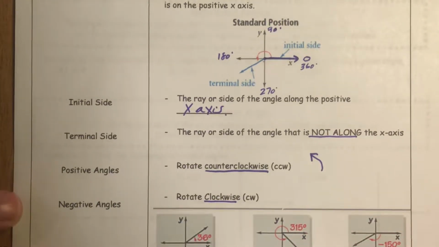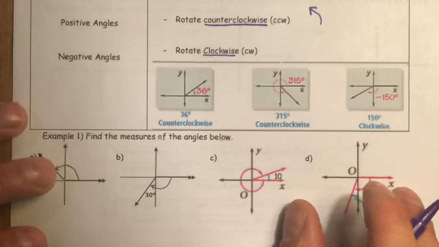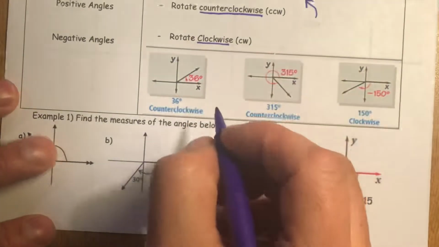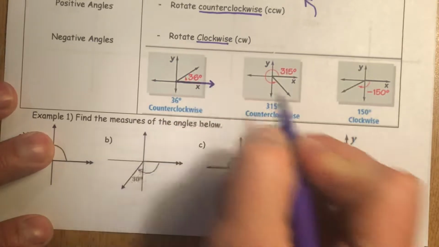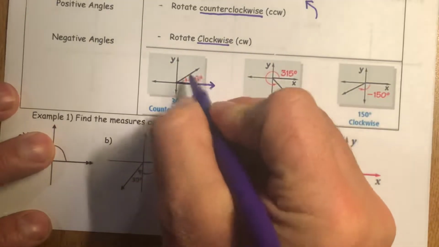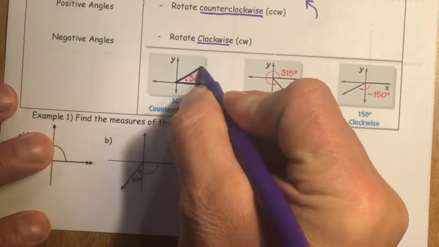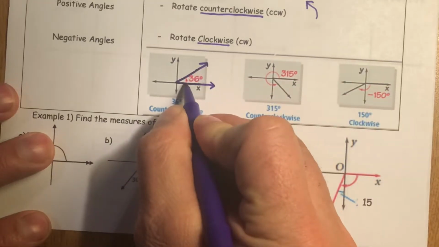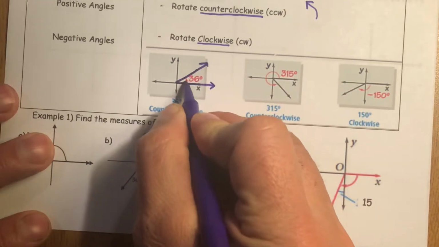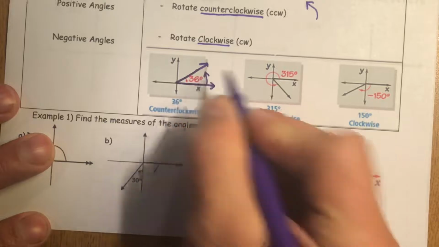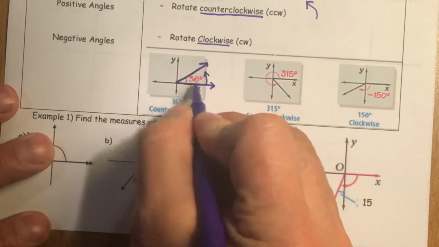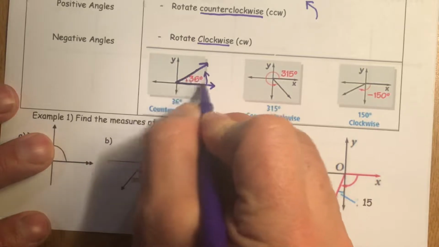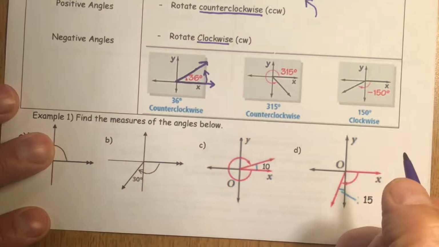Going down here again, right here would be my initial side of my angle, and this right here is my terminal side. It's kind of hard to see on the notes, but that's an arrow that's telling you the direction. So what this is telling you is that this angle is a 36-degree positive angle.